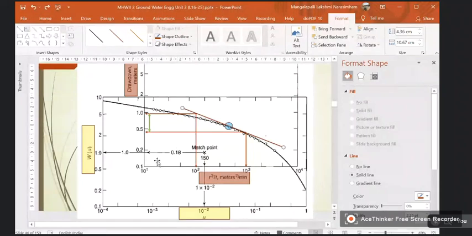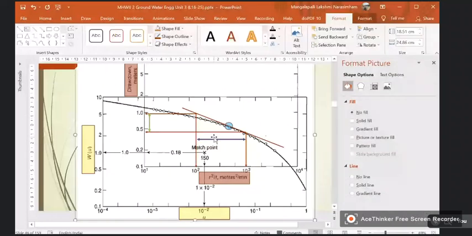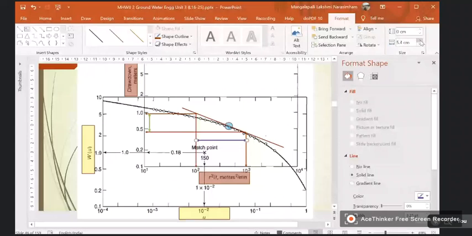Now, after drawing the tangent, then I have selected one time cycle. So this is one time cycle. Now I have noted the difference in the drawdowns.